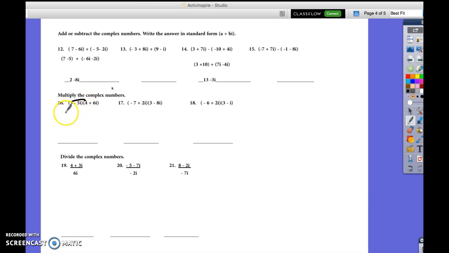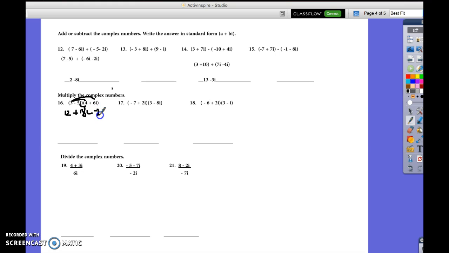So 3 times 4 will give you 12. And then the same 3 from the first complex number, you multiply it by the 6i. So 3 times 6i will give you 18i. We're done with the 3. Now we're going to do the negative 5i. Negative 5i times 4 will give you 5 times 4 is 20.